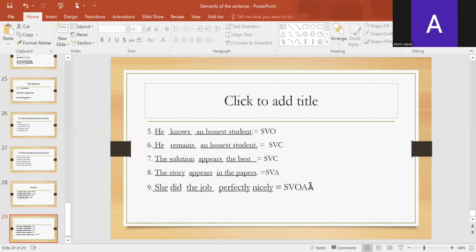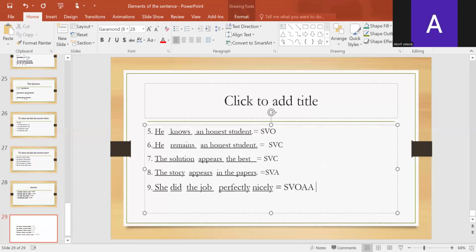I know somebody might want to argue that the whole of this will constitute an A, which could be correct anyway, but it can also be AA. So, for example, in the case of an objective test, if you did not see SVOO and you see SVOA, then that could also be correct. SVOAA.